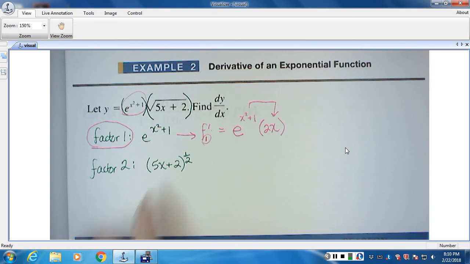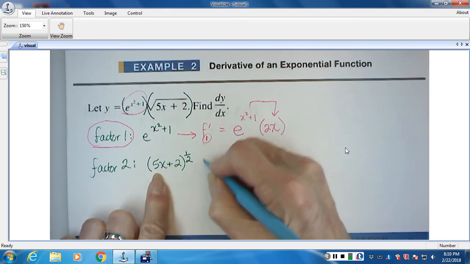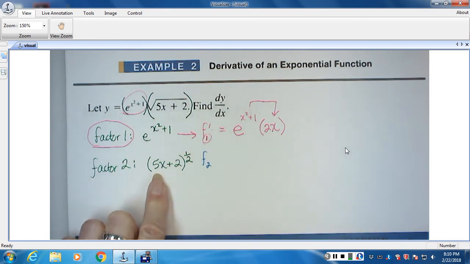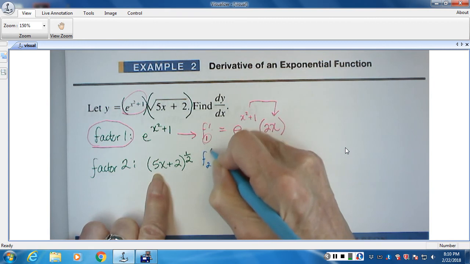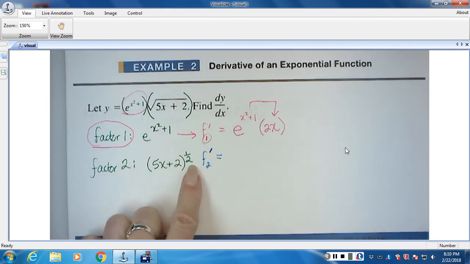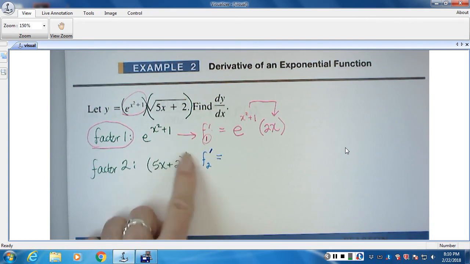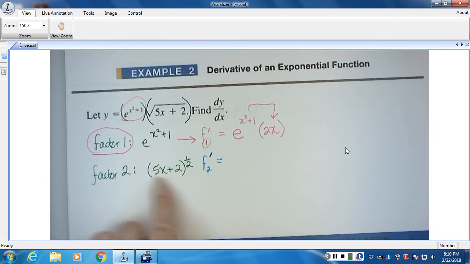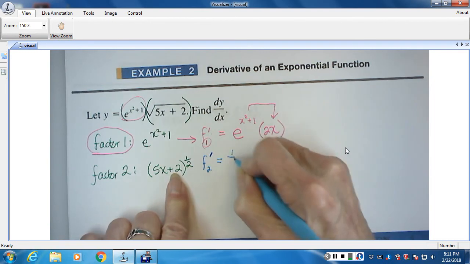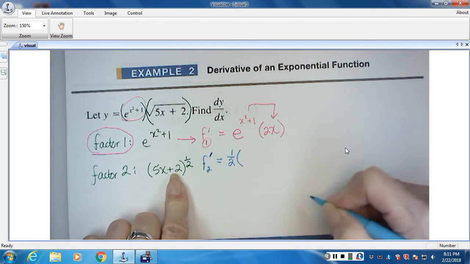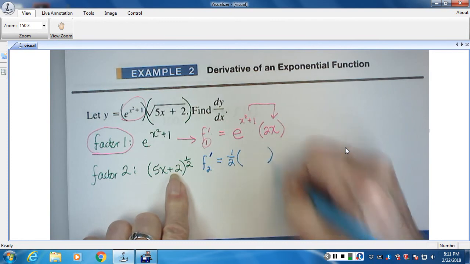Then I need to take the derivative of the other factor, factor number 2. Here's its derivative. That's a power rule problem, a power rule with a chain rule, because we've got a 1/2 power on the outside and an expression on the inside. So I bring the 1/2 down in front of the parentheses. I keep what's in the parentheses.